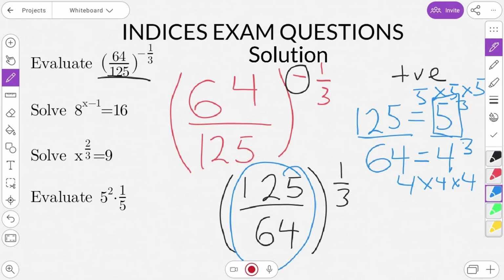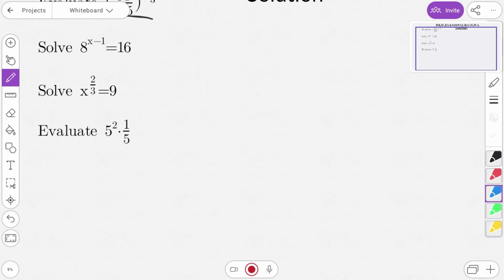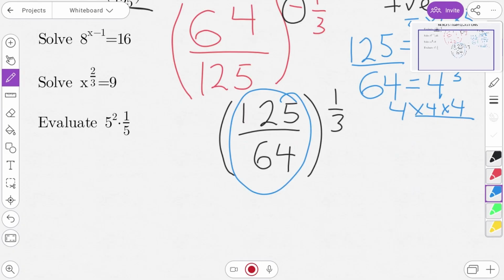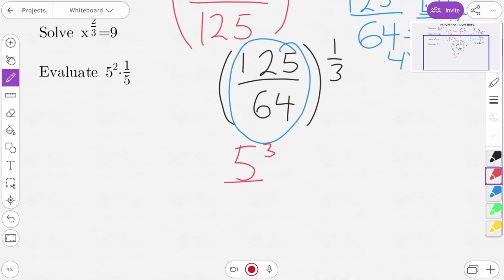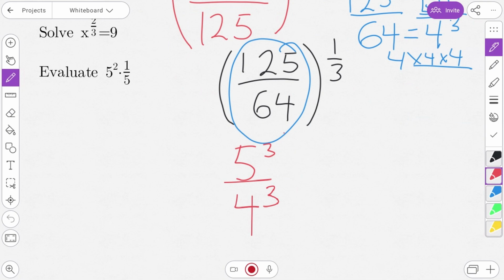So I'm just going to express it by these two. Now 125 is 5 raised to an exponent of 3, so we put that one there, all over 4 raised to an exponent of 3, with our big exponent outside, which is 1 over 3.